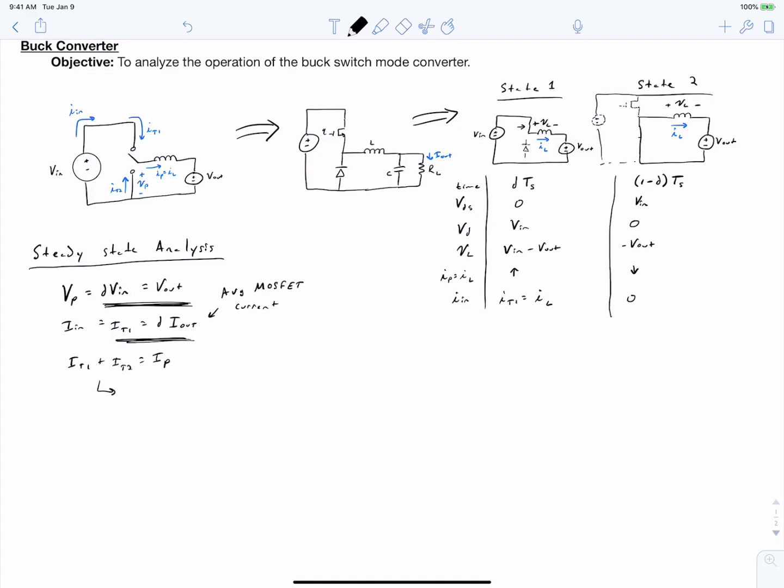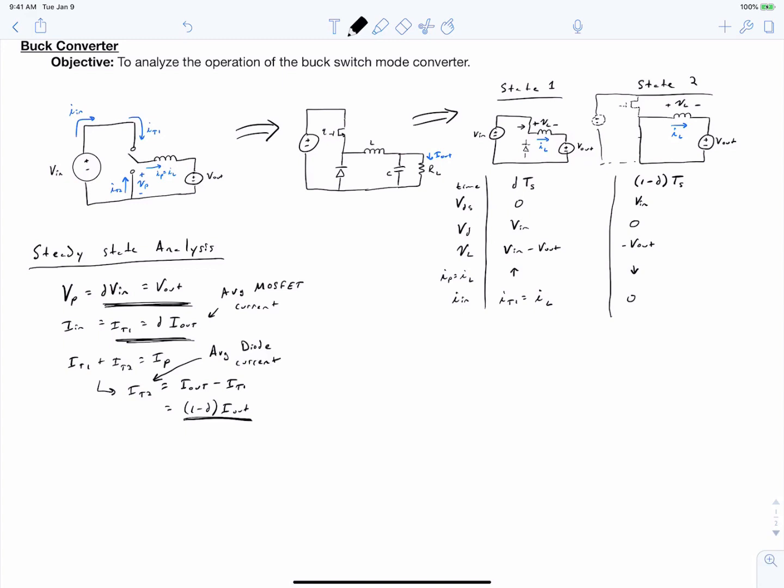And we can rewrite this as saying that IT2 is equal to Iout minus IT1, and these are all average expressions again. We have already established that IT1 is equal to D times Iout. So we find that the average of our throw 2 current is 1 minus D times Iout. And this is important because this quantity represents the average current that our diode has to carry.